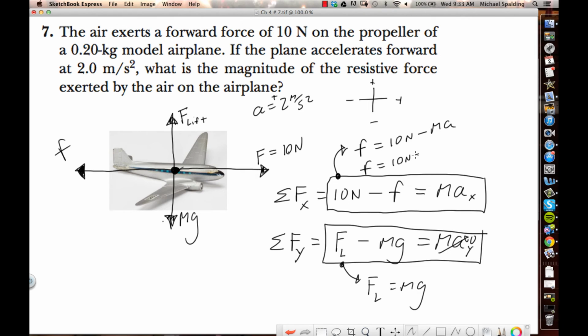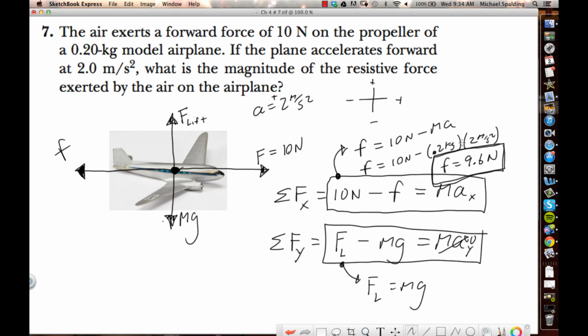So 10 newtons minus, the mass of the airplane is 0.2, and the acceleration is 2 meters per second squared. So that's going to be 0.4. So the resistive force is going to be about 9.6 newtons, which is the answer to the question.